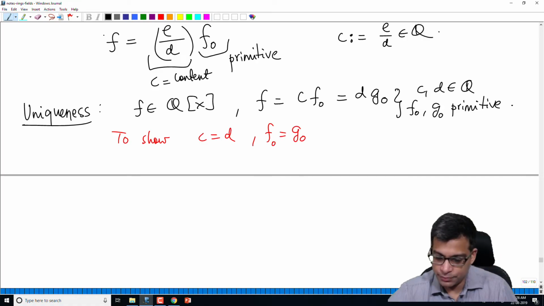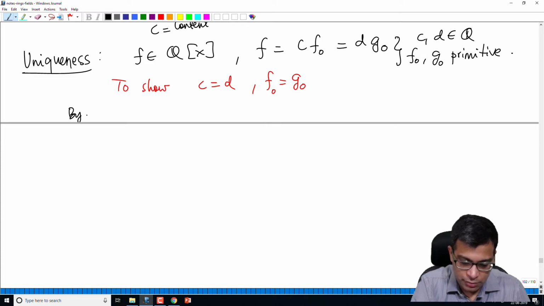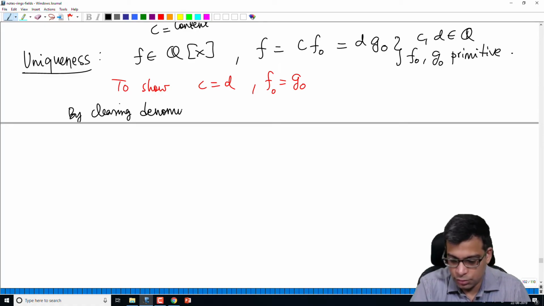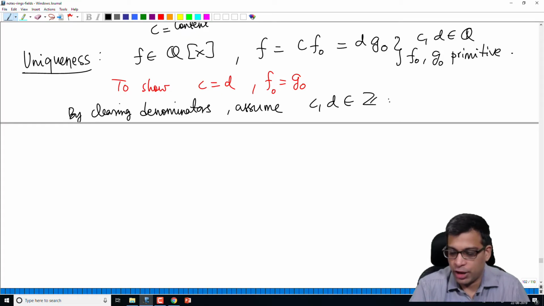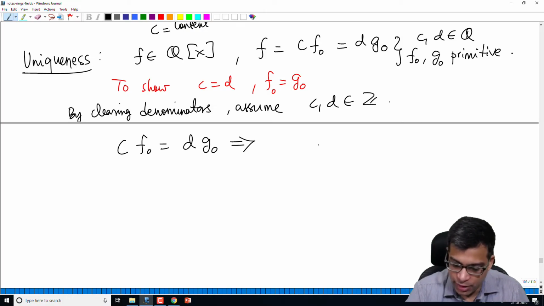So let's show that. What we now know is that by clearing denominators, we can assume C, D are in Z. So what I am really doing is, I am looking at this equation C f0 equal to D G0, and by multiplying by some common denominator, I can clear denominators.